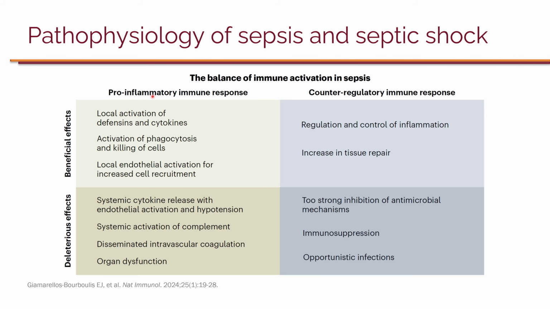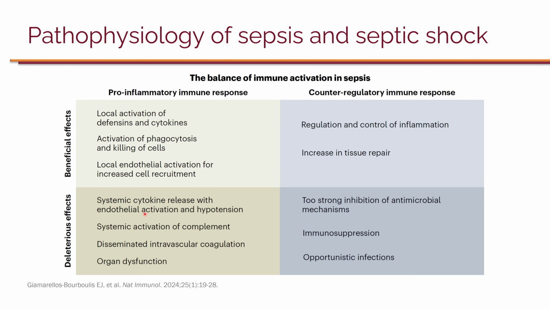each. So for example, the pro-inflammatory response, the benefits of it is that there is local activation of defensin and cytokines to fight infection. There's activation of phagocytosis and killing of cells, local endothelial activation for increased cell recruitment. On the downside, there is systemic cytokine release with endothelial activation and hypotension.